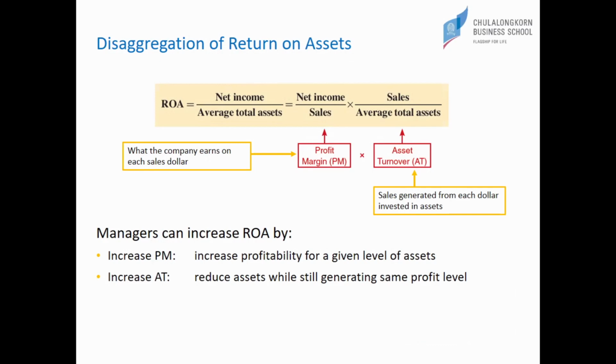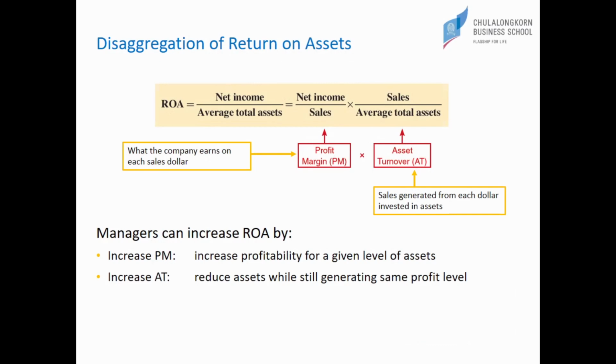That means the managers would have to focus on increasing their profit margin, which means they have to manage their pricing, their cost of sales, and also other operating expenses and so on, in order to make sure that the profit margin is high and increasing.